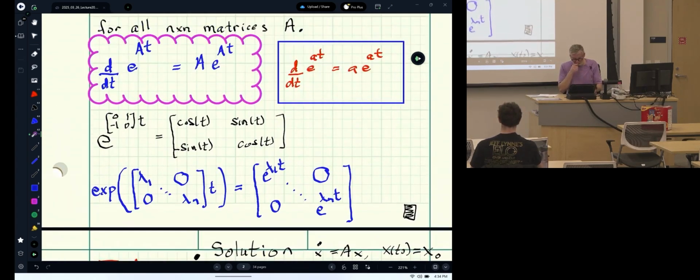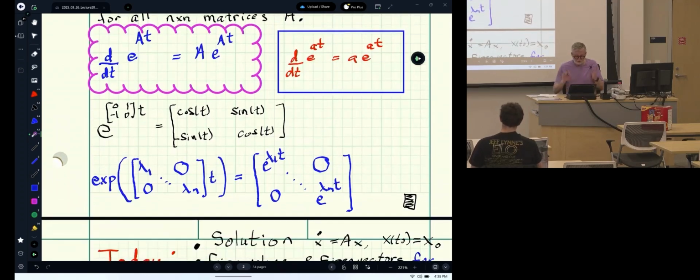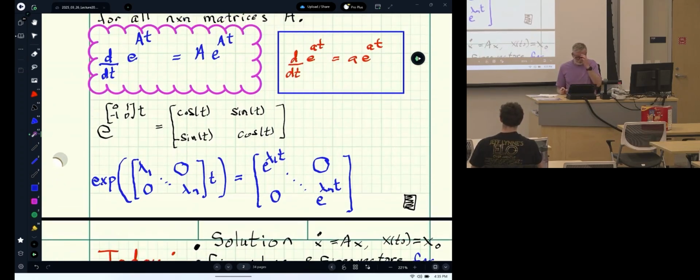We've only computed the matrix exponential in 2 cases. If you've got a matrix with 0, 1, minus 1, 0, that's a skew-symmetric matrix, its exponential is cosine, sine, minus sine, cosine. That's a rotation matrix. And this is really important in mechanics, the relationship between exponentials of skew-symmetric matrices and rotation matrices.